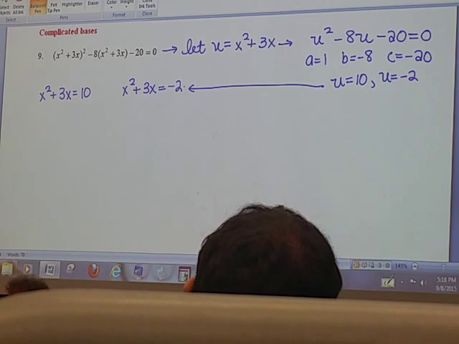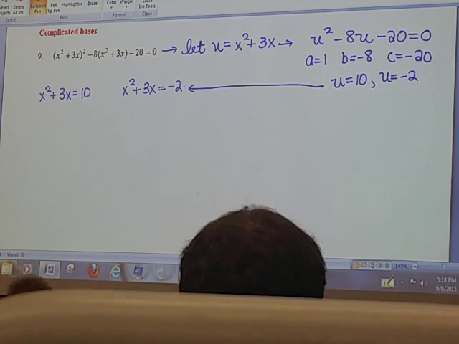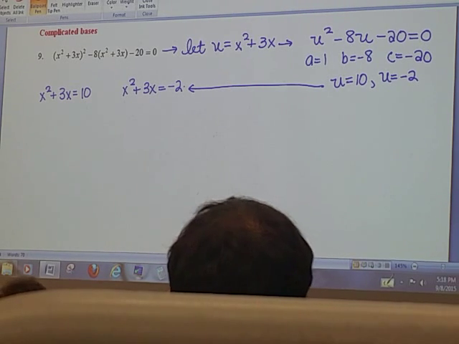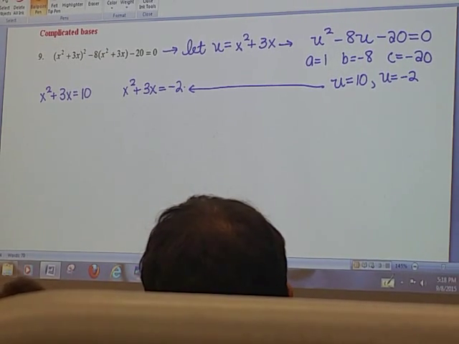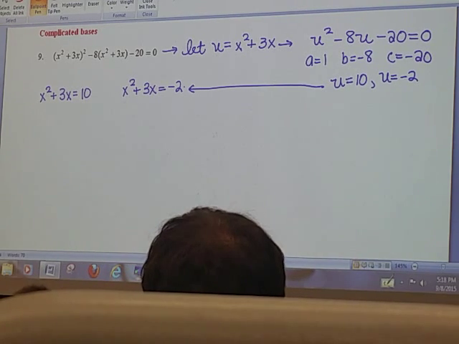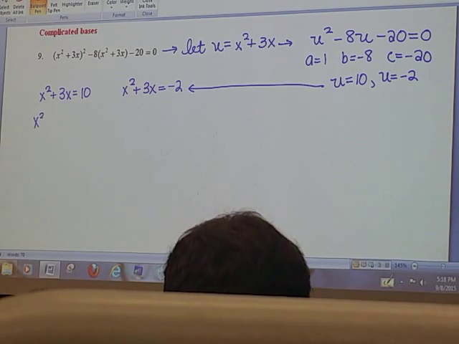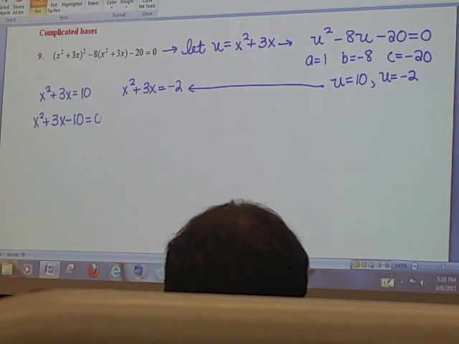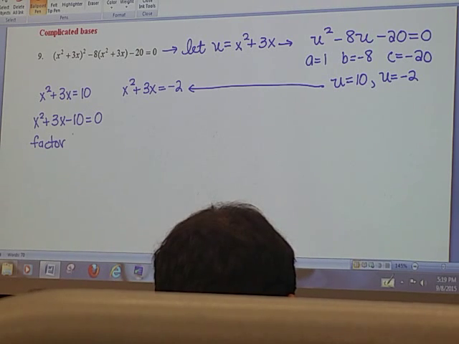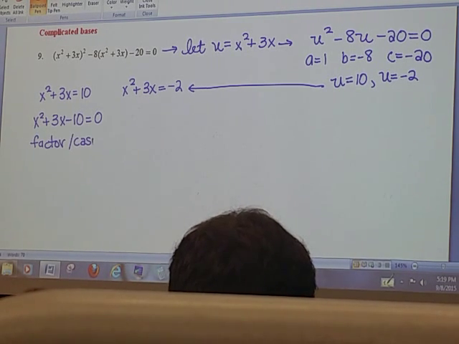Yet another kind of equation to solve, but the beginning technique remains the same. Figure out what you need to change it to make it look good for Casio. Solve it, bring the numbers back. These are two little baby quadratic equations, which you can factor for Casio.